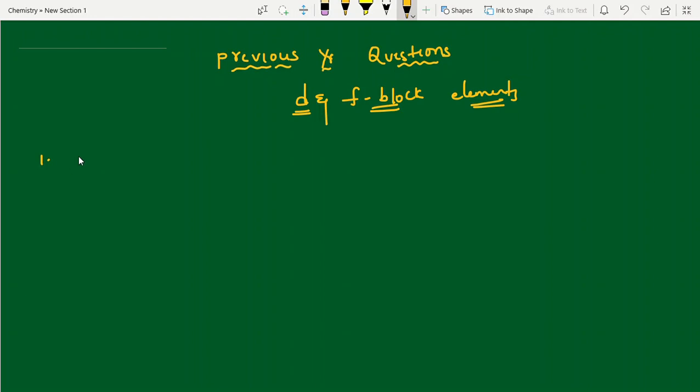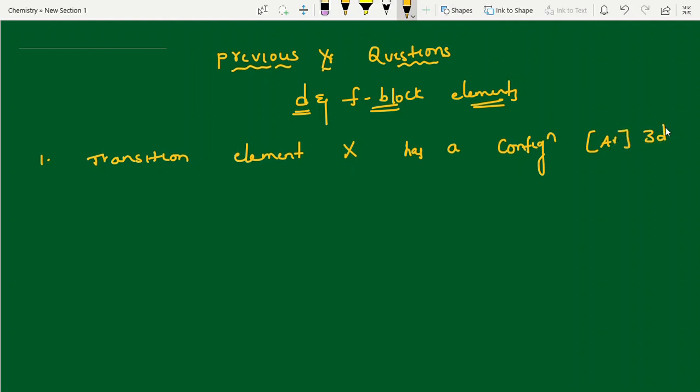Transition element X has the electronic configuration argon 3d4 in its +3 oxidation state.